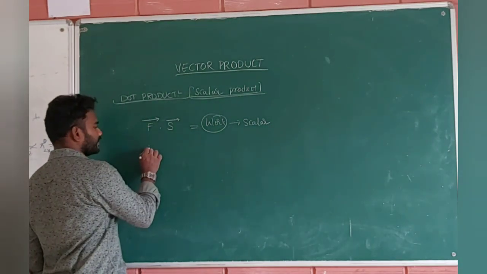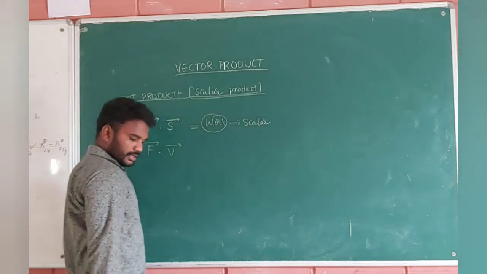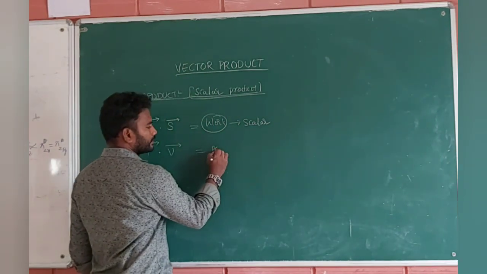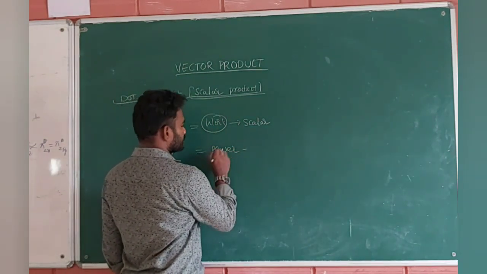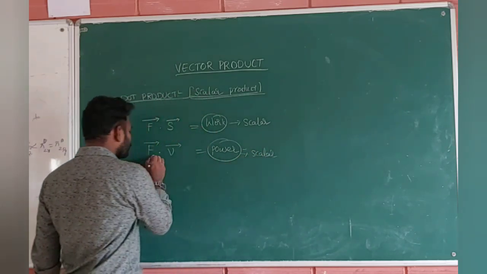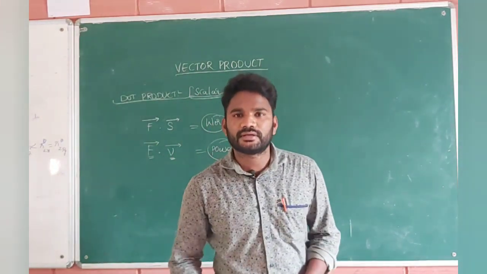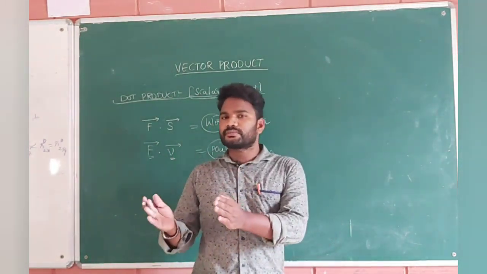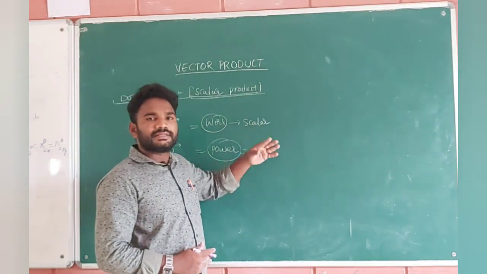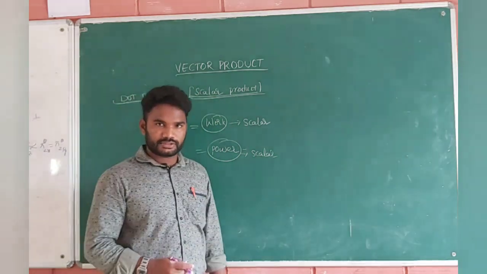Similarly, one more example: force and velocity. If you multiply force with velocity, you will get power. Power is a scalar, whereas force is a vector and velocity is a vector. So clearly you can understand, when two vectors are multiplied with each other and give a scalar product, that kind of product is called dot product or scalar product.